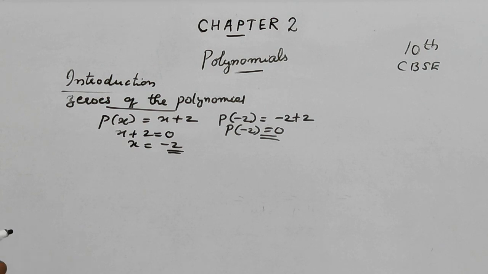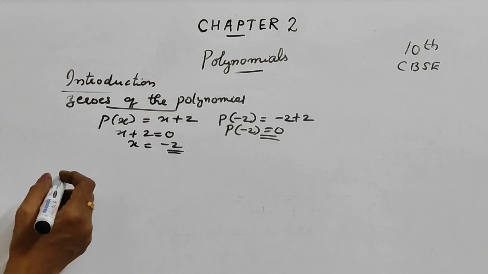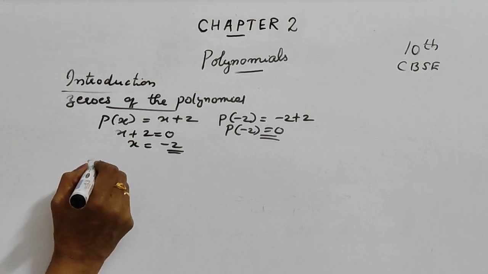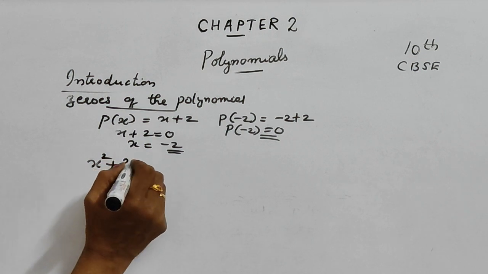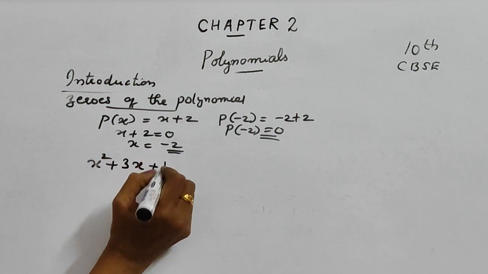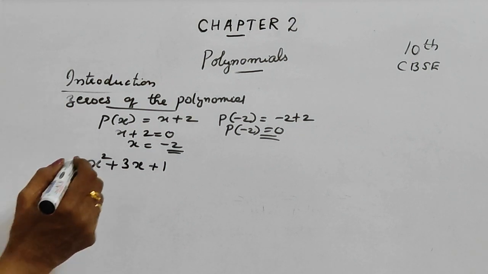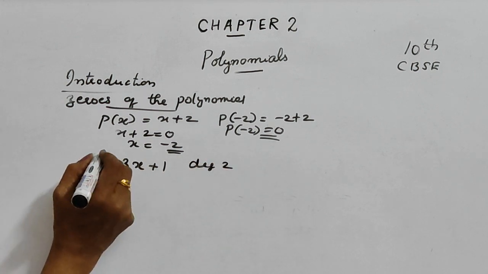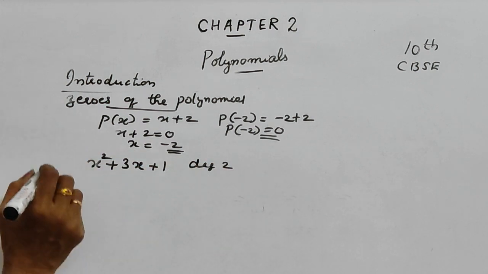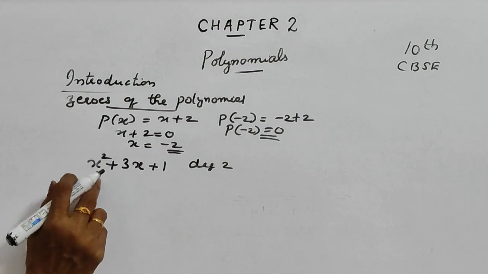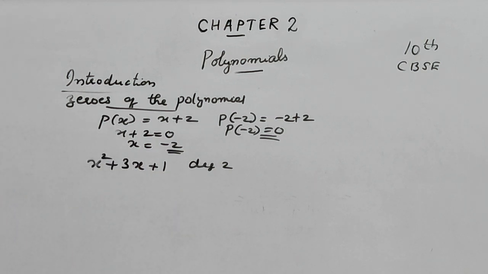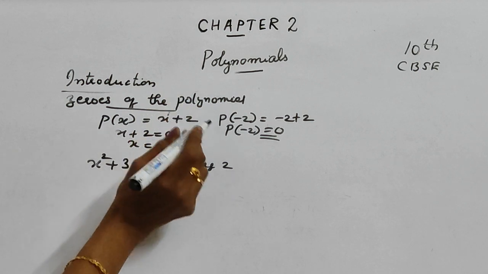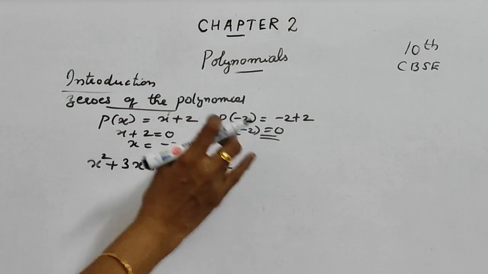See, consider another example. x square plus 3x plus 1. Here, what is the degree? Degree is 2. So this is a quadratic polynomial. So it must have two zeros, that is two solutions. Here the power is 1, that is degree is 1, so it has only one solution.